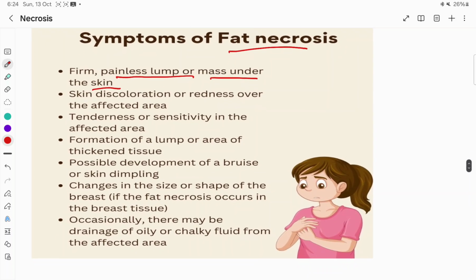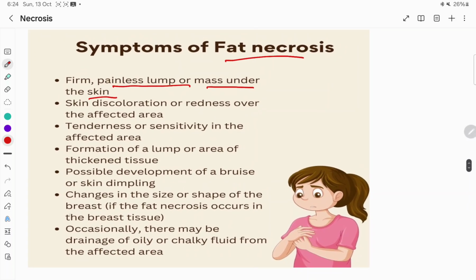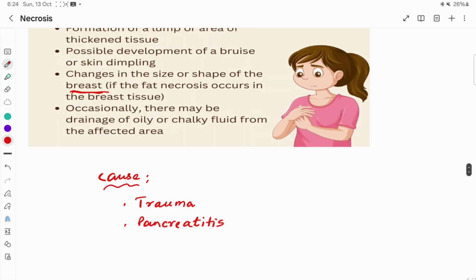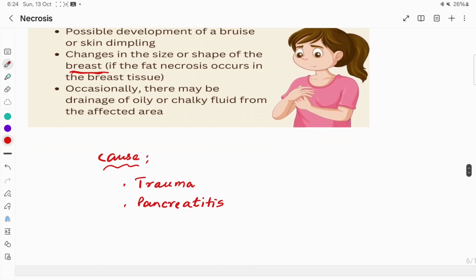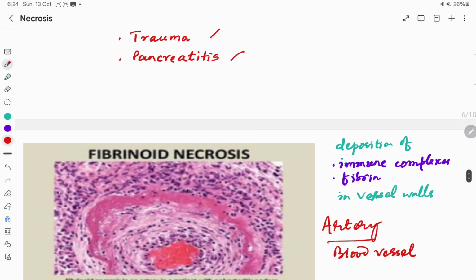Mostly the fat tissues are affected, and the most common organ affected is the breast. Occasionally there may be drainage of oily or chalky fluid from the affected area. The causes may be trauma or pancreatitis, inflammation in the pancreas.